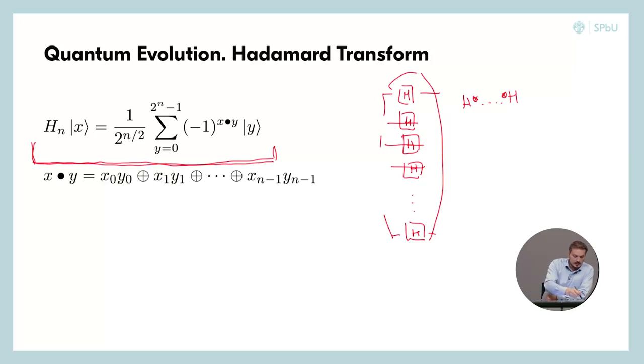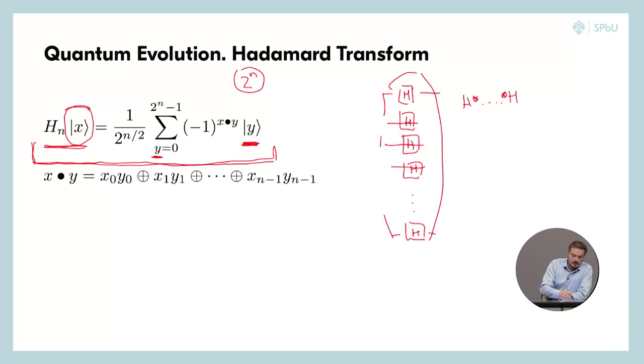So we can see that this transform maps any input vector to a sum of all basis vectors in our space, the dimensionality of which is 2 to the power n. So we have 2 to the power n basis vectors, and they are all present in this sum. Please note that this y here is a vector, and this y here is a number, some binary representation.